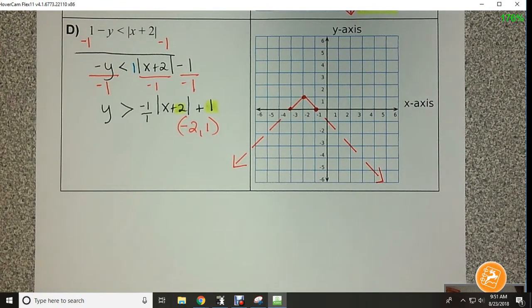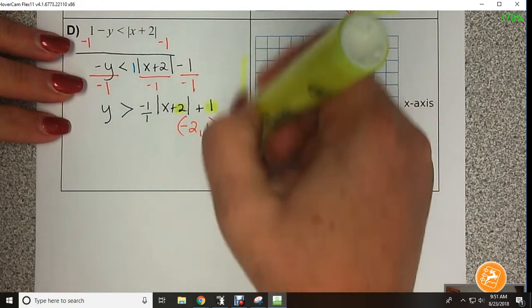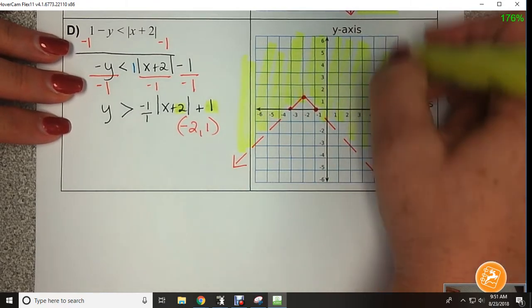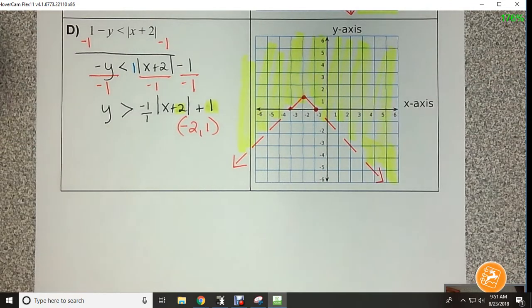So do I shade on top or underneath? I'm going to shade on top. So everything that is above that absolute value graph, all of those will be solutions. Right, that's it for 2.8.